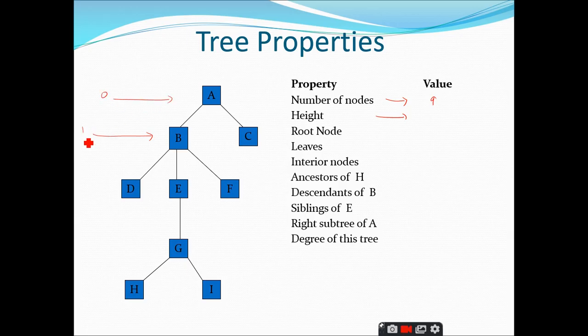So this is 0, 1, 2, 3 and 4. Sometimes 5 is also correct, as Ajay has told. Why? Because if you treat the root level as 1, it will be 5, right? But we'll go with one convention, that we always treat the root node as kept at level 0 only, right? So the height of this example tree is 4.